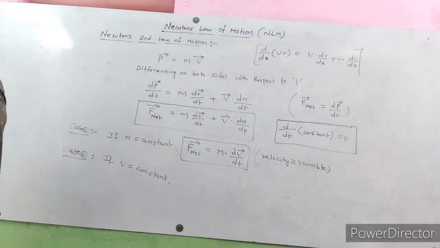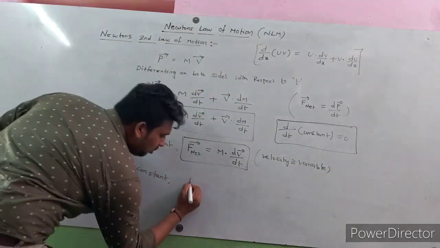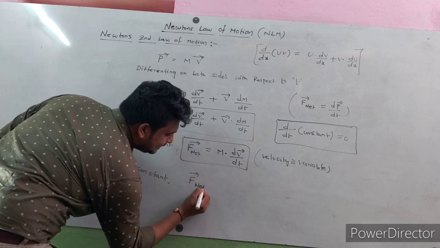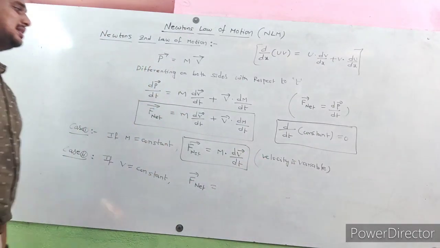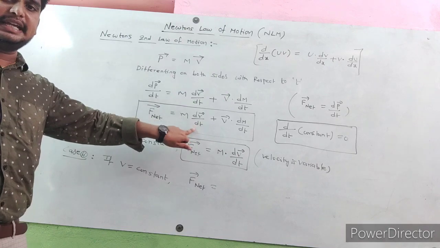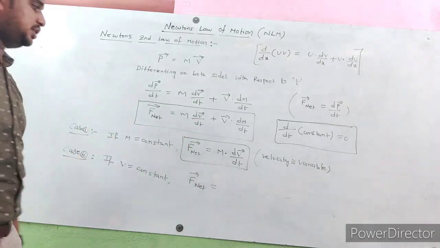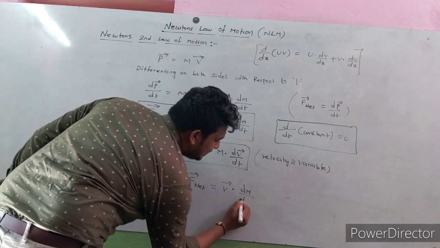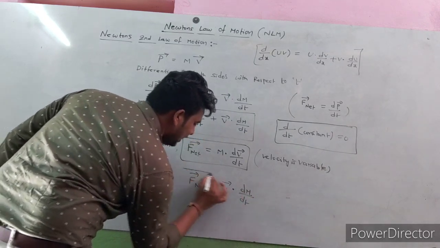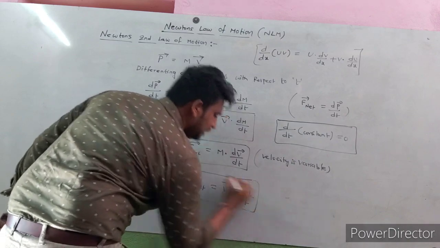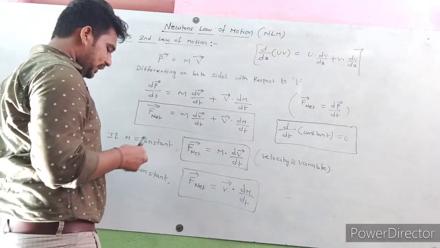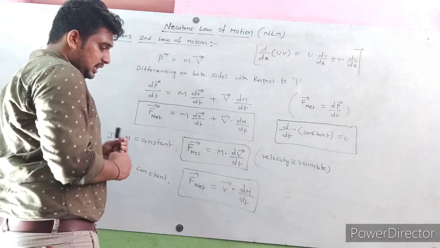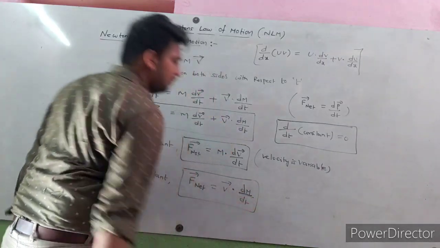Here v is constant and mass is variable, so the differentiation dv by dt becomes 0, and F bar net is equal to v bar into dm by dt. This is another equation, very important. Observe carefully.